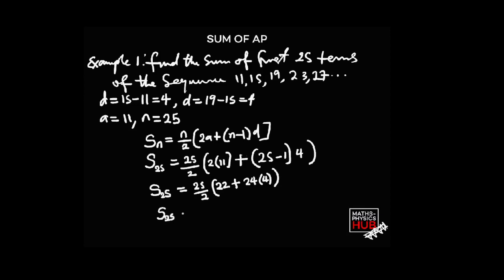So the sum of the 25th term is now going to be 25 over 2 into bracket 22 plus 24 times 4, which is 96. So you now have S25 equals 25 over 2 into 22 plus 96.